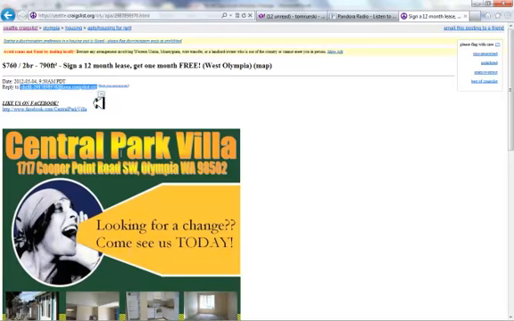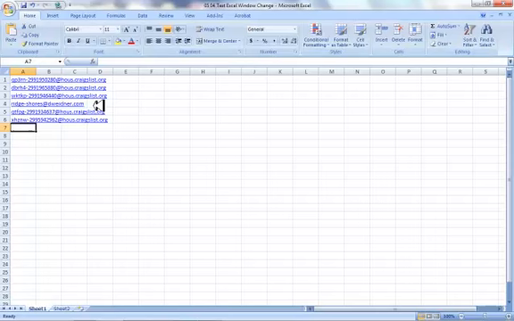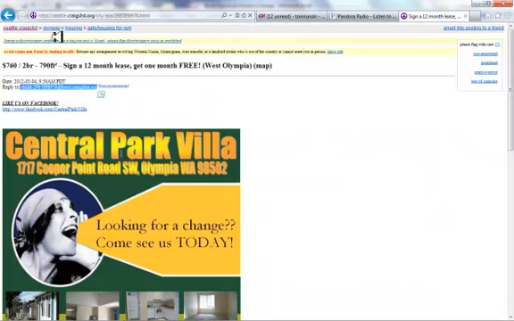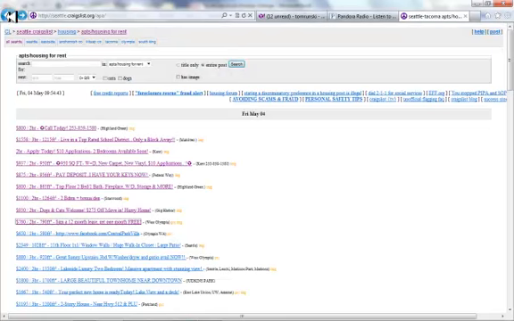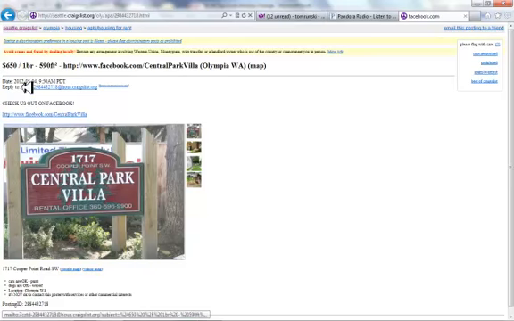Okay, there I've highlighted the email address, and this is where I want to have one key that takes the following commands. Control C, Alt Tab over to my Excel spreadsheet, Control V, Enter, Alt Tab, and then back arrow, and then the next record, and then I highlight, and then I want to press that function key that does that series of commands.